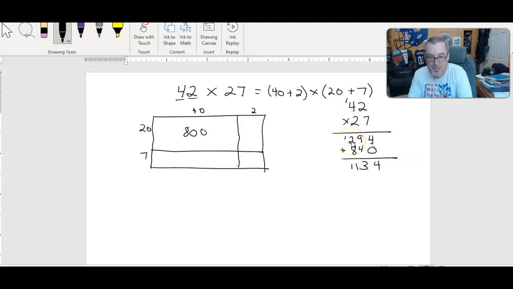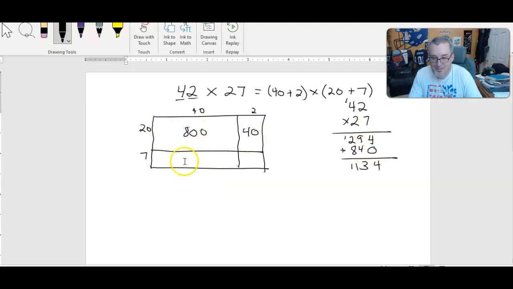And then this rectangle, this one here, is 20 by 2. Can you imagine 20 rows and 2 columns? If you had 20 rows and 2 columns, that would be 2 groups of 20. That would be 2 times 20, which is 40. Do you remember the 840 that I had over there?